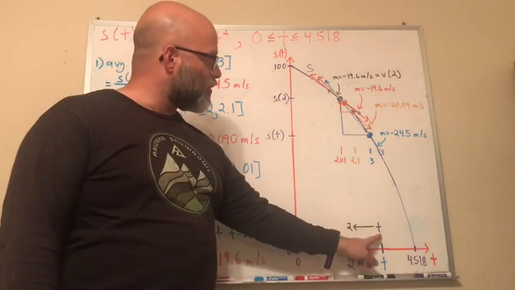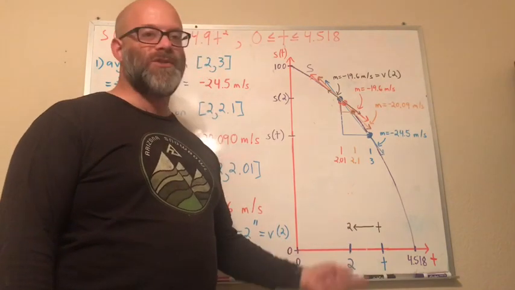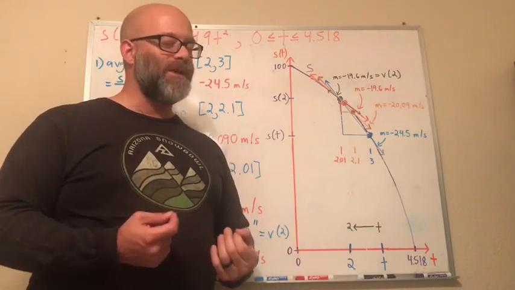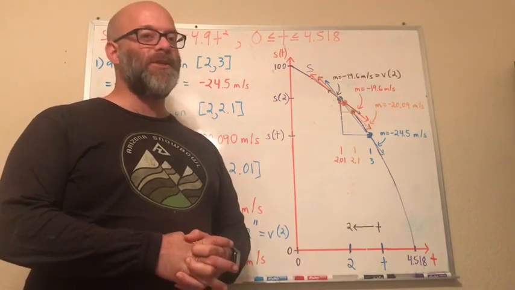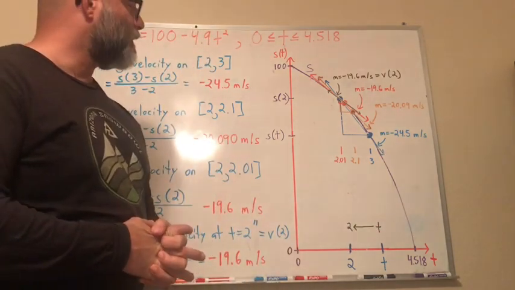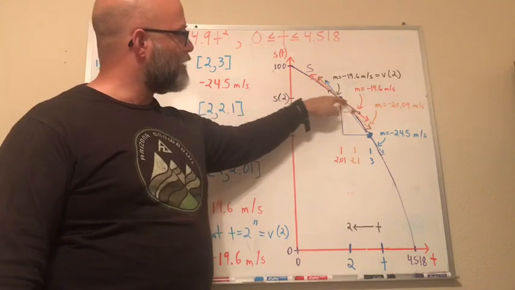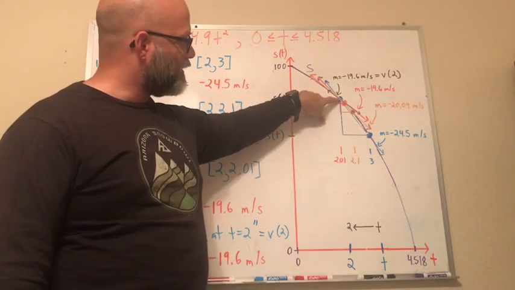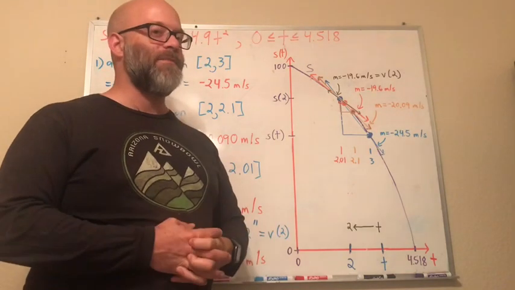But what if I drove t all the way to 2, so that t got infinitely close to 2? I still have 2 points, 2, s of 2 and t, s of t, but they're infinitely close to each other, whatever that means. Then effectively I'm going to get this black line, going through this blue point and a black point that's nearly sitting on top of it, if not sitting on top of it.